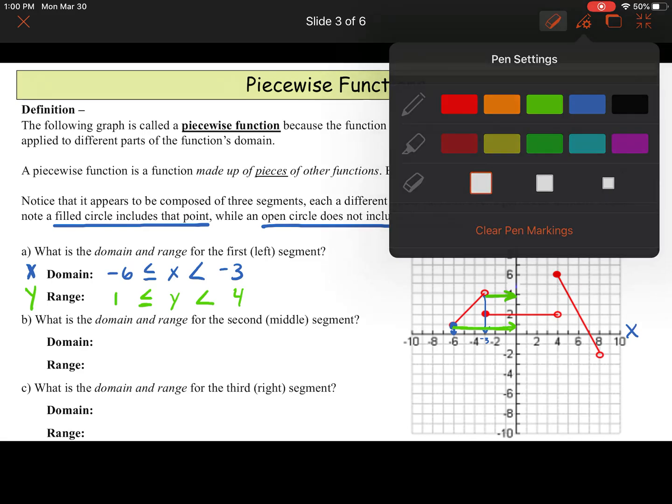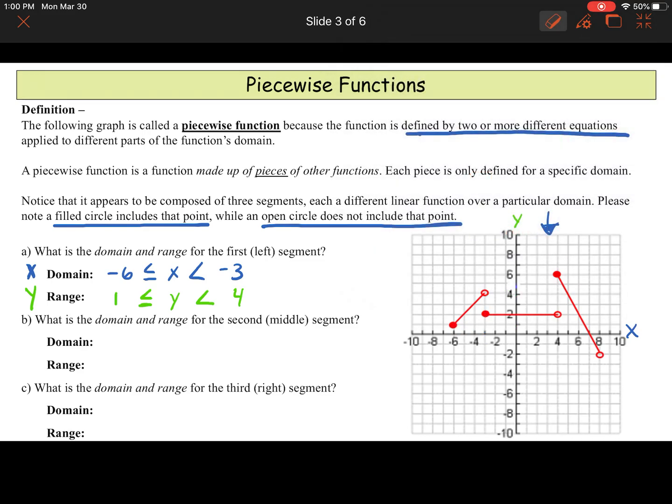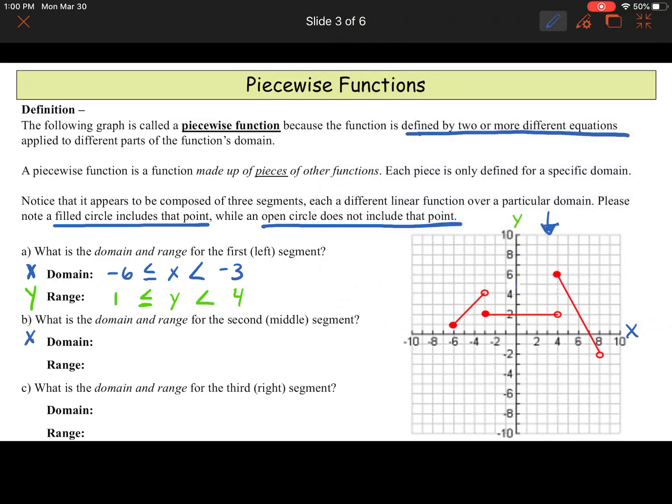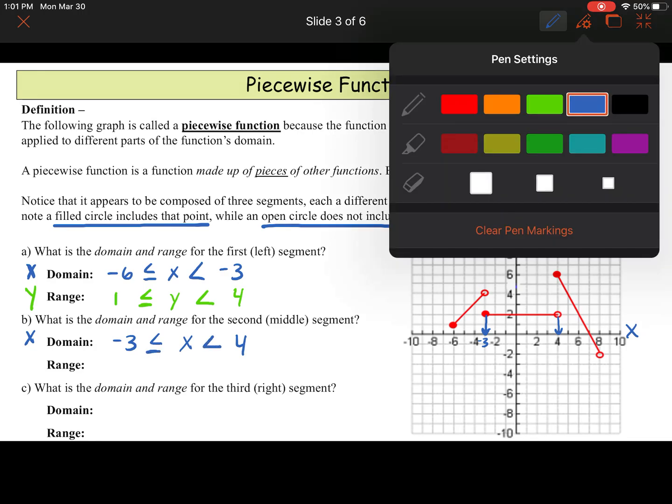Alright, now we're going to do part B, the second line here. The domain, the x values, okay, the domain starts at -3 and goes all the way to 4. Again, we look at closed and open circles. -3 is closed, so we put a line, and 4 is open, so we leave it open.